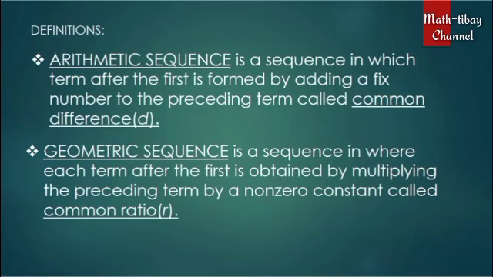Then, a geometric sequence is a sequence in which each term after the first is obtained by multiplying the preceding term by a non-zero constant called the common ratio. So in arithmetic there is a common difference, and in geometric there is a common ratio.